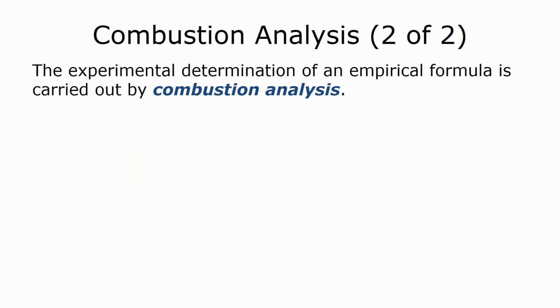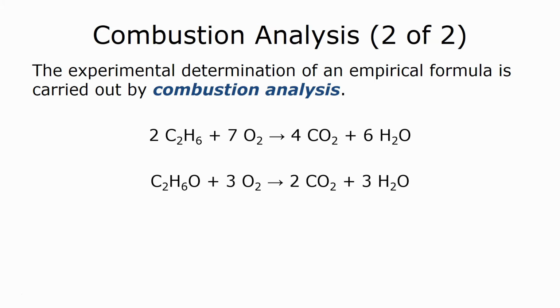Now, the basics of combustion analysis is, again, you take a hydrocarbon, that's a compound containing carbon, hydrogen, and possibly oxygen, react it in the presence of oxygen to produce carbon dioxide and water. However, for our purposes, we don't know what the formula of the hydrocarbon is. Therefore, we don't know the stoichiometry of this reaction, but that's not important.